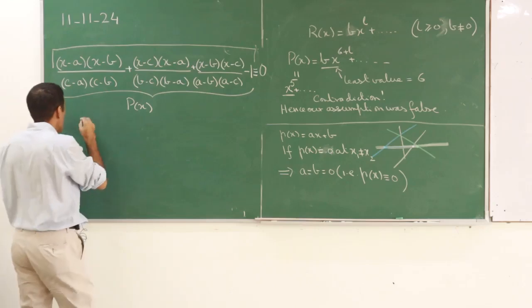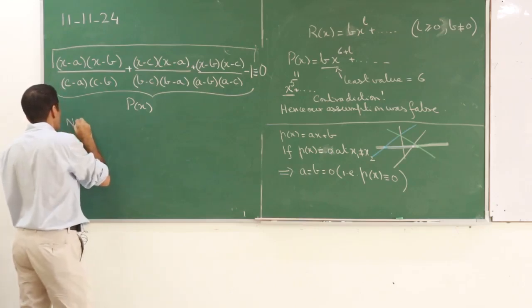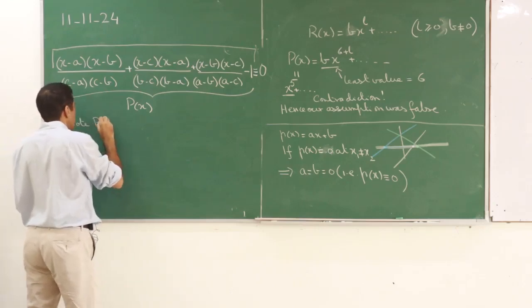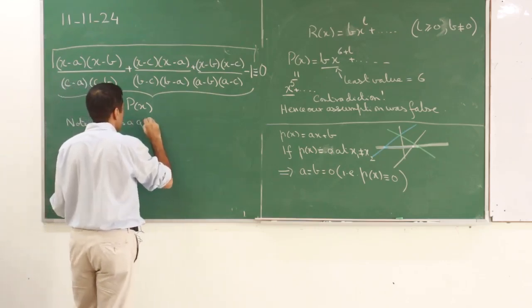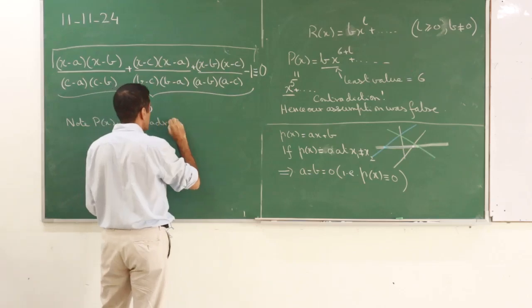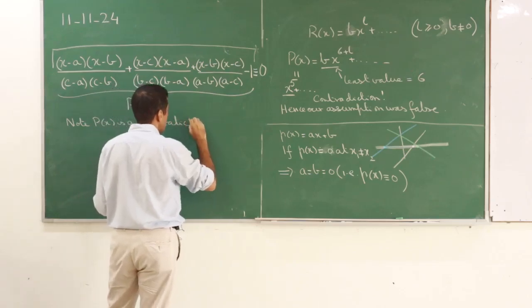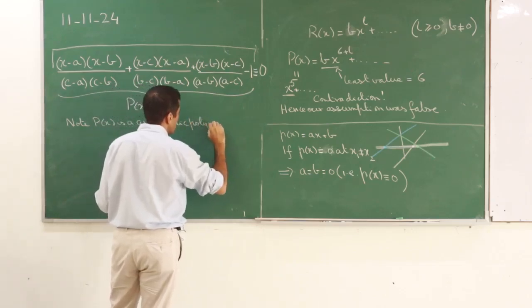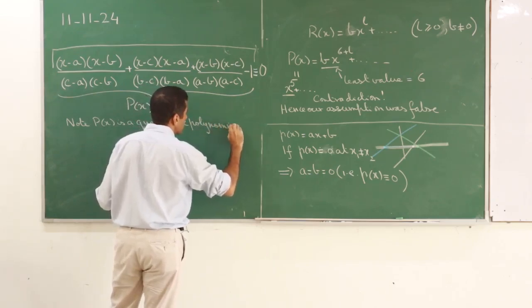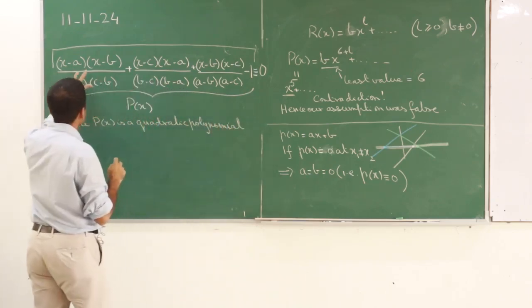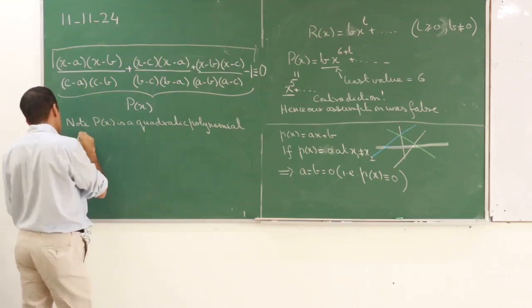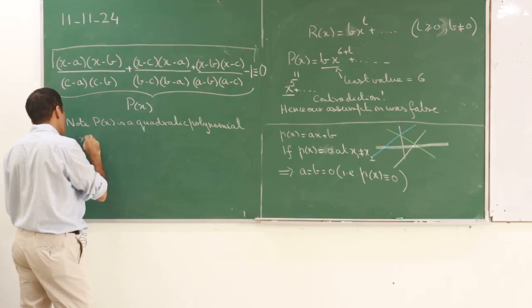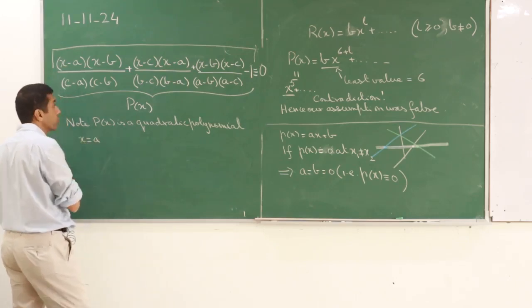That's the question. Well, note p of x is a quadratic polynomial. It's a degree 2 polynomial, right? Why is it a degree 2 polynomial? Because you just have x squared. And the second thing is that we know the roots. x equal to a is a root of this polynomial.